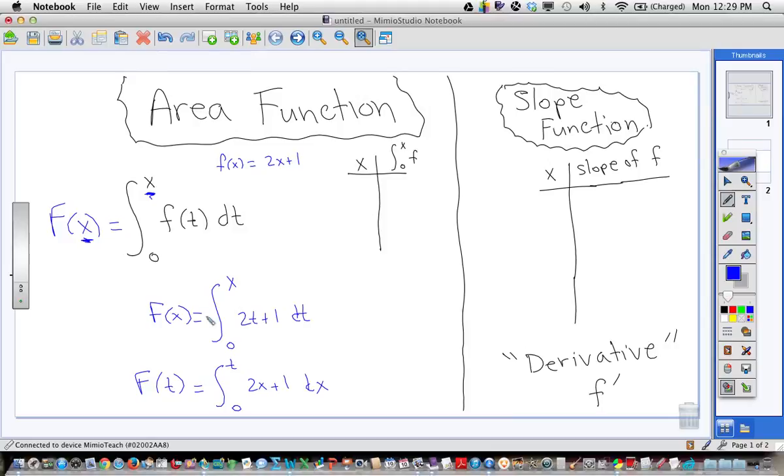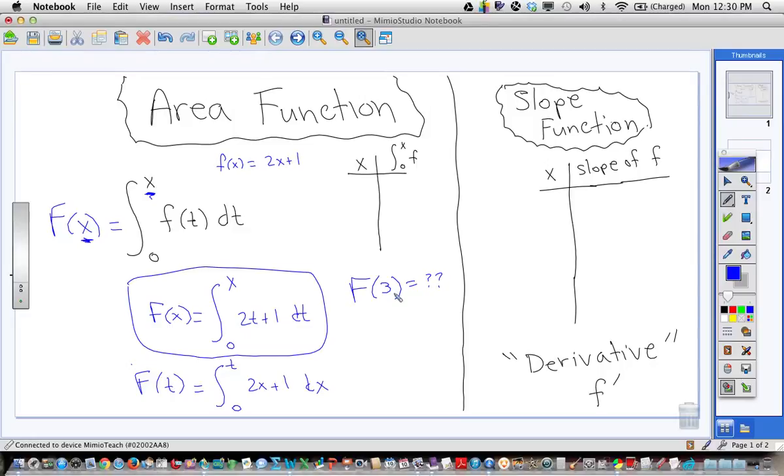Okay, now again, another way to see why these can't be the same, and this gets to notation, and we'll get into this more today. What if I gave you this right here, and said, find big F of 3.